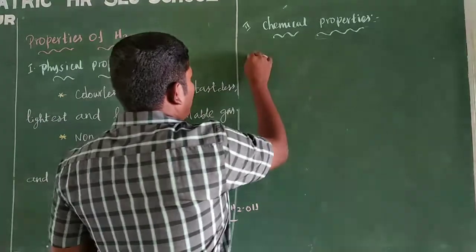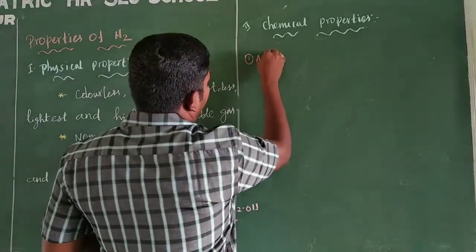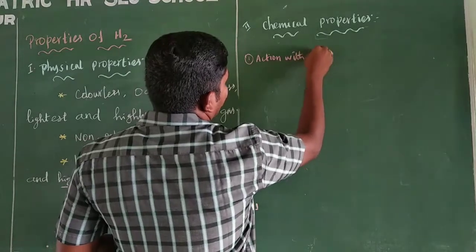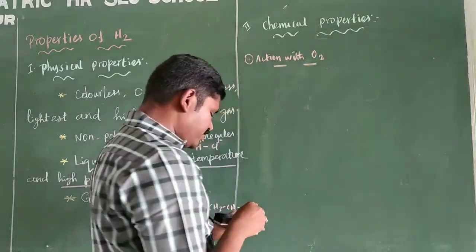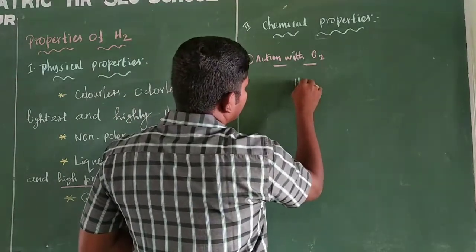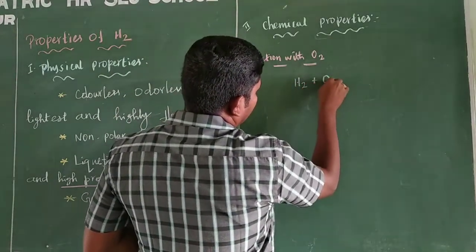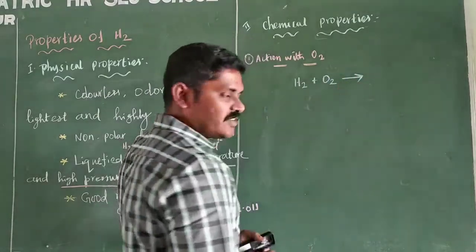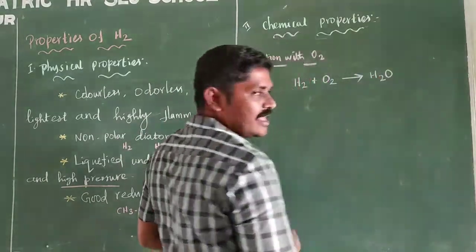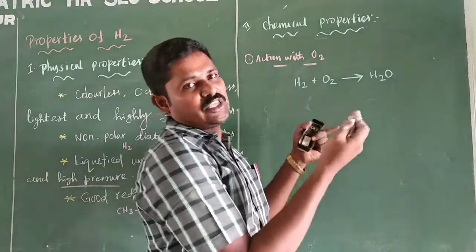Right? So next, the chemical properties of hydrogen. The first one is reaction with oxygen. Hydrogen reacts with oxygen to give water. This reaction is explosive.